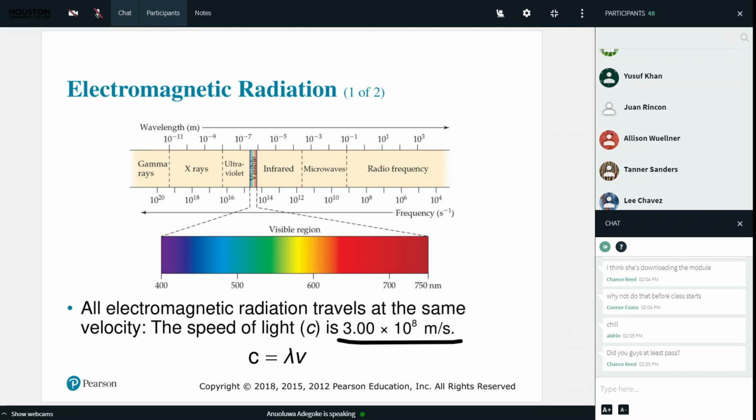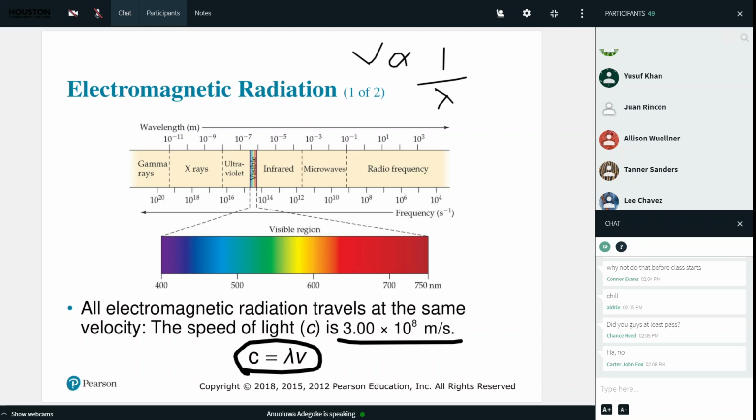You need to know this formula. What this formula tells you is that frequency is inversely proportional to wavelength. When you remove the proportionality, it becomes c.